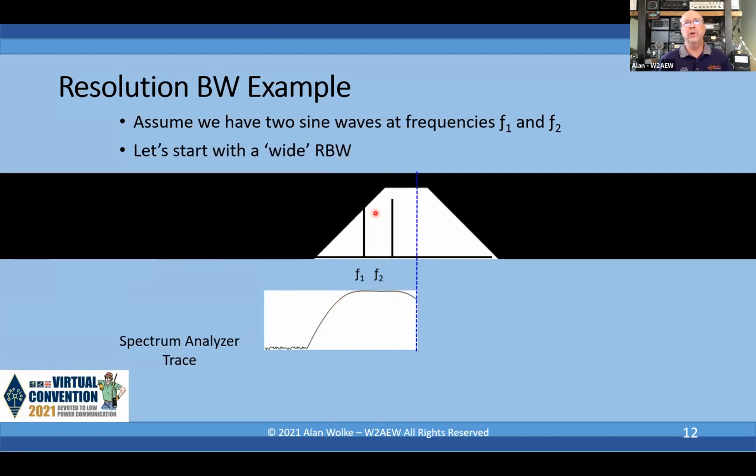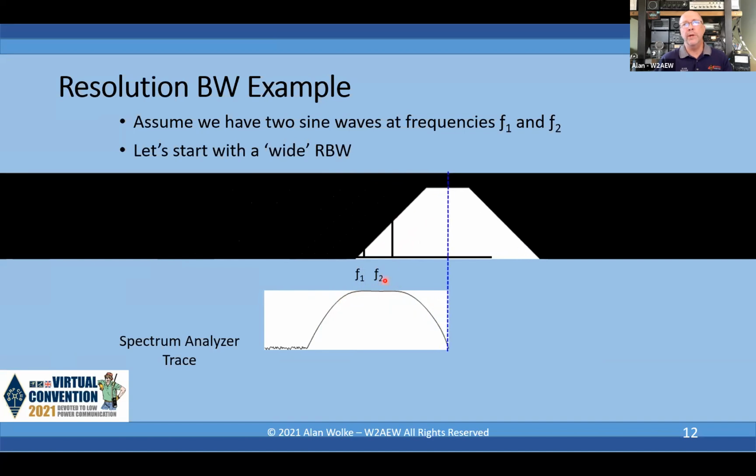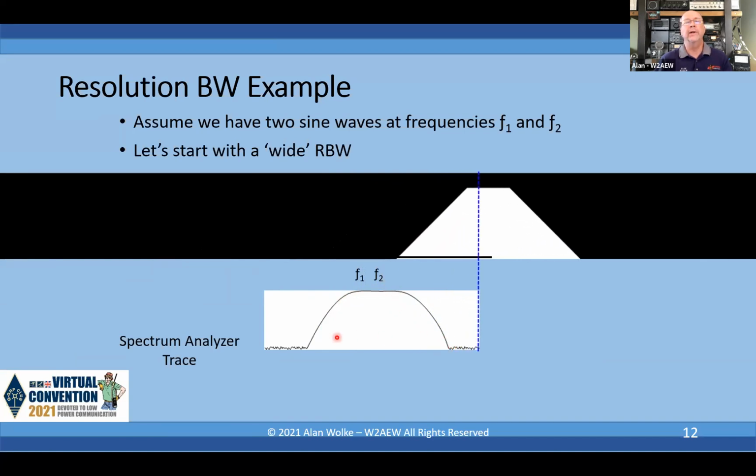And then as soon as they start leaving the open area, the detection goes away. We know we've got two signals with two individual power levels, but the spectrum analyzer is going to show that all as one large blob, okay? Because the resolution bandwidth was wider than the spacing of those two signals. So you don't get to see those individual results.